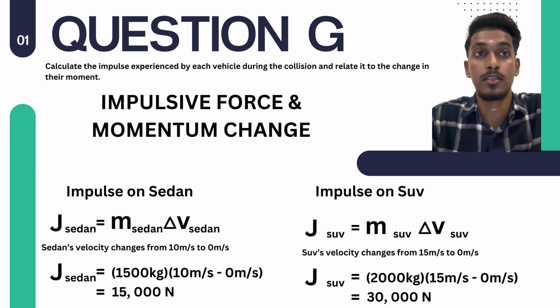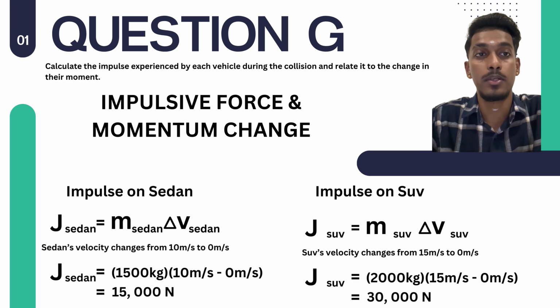The next question is question G, which is about impulse and momentum change. Impulse is the change in momentum during the collision. For the sedan, it's the mass of the sedan times the change in velocity. Since the velocity changes from 10 meter per second to 0 meter per second, the impulse of the sedan is 1500 kilograms times 10 meter per second, which equals 15,000 newton seconds. For the SUV, the velocity changes from 15 meter per second to 0 meter per second.